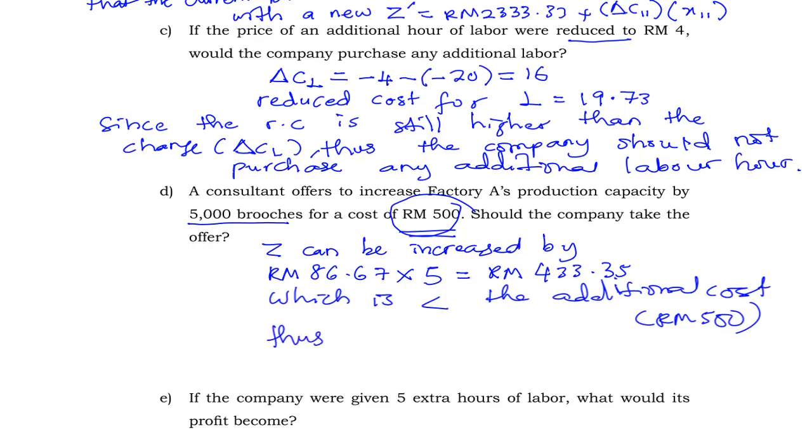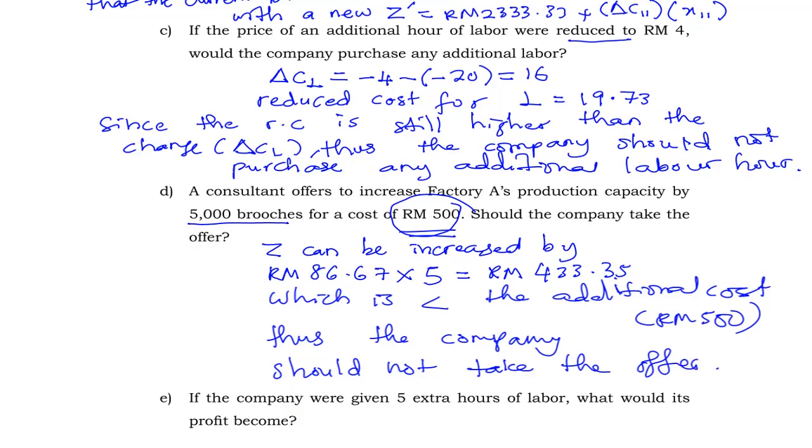Thus, the company should not take the offer. But if we change the question to capacity by 5,000 brochures for a cost of 400, then we should take the offer.